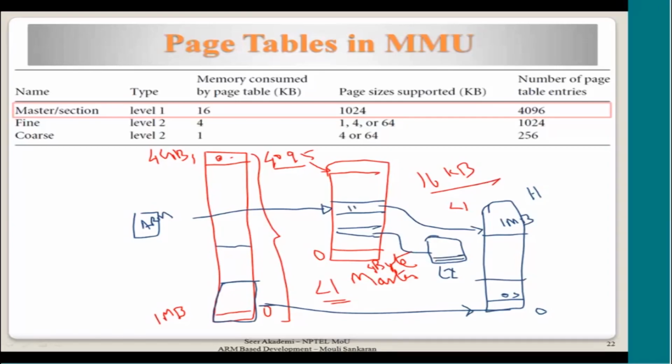Each entry here takes care of 1 MB space in the virtual memory. That 1 MB space could be directly mapped to one location in the physical memory, or it could go towards an L2 entry.